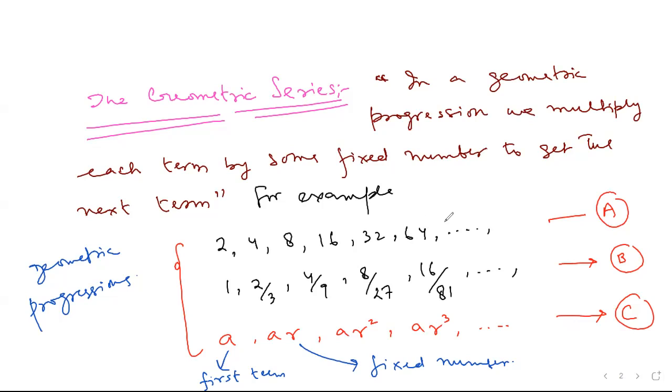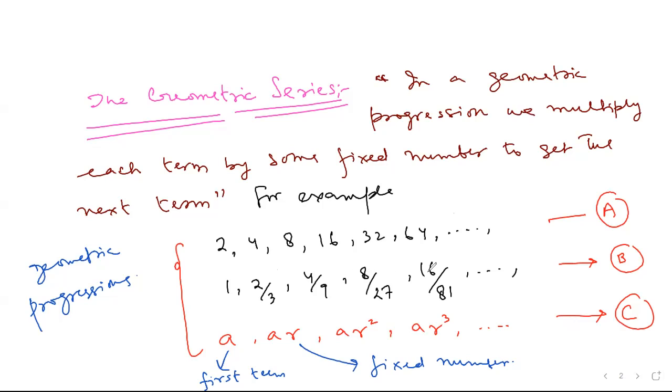In the second example, however, the height of bounce of the ball decreases with successive bounces, and we might ask for the total distance the ball goes. As you can see, first it is 1, then it's 2 by 3, then it's 4 by 9.